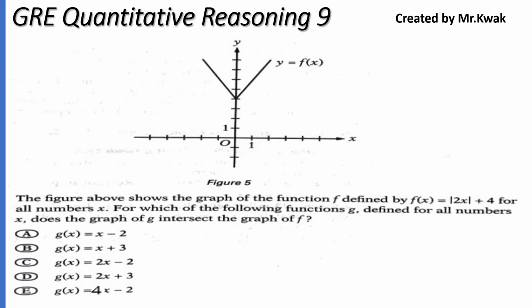Then let's move on to choice D. y equals 2x plus 3. First of all, slope is 2. The y-intercept could be 3.